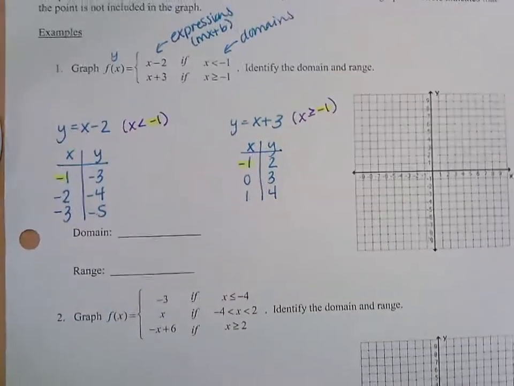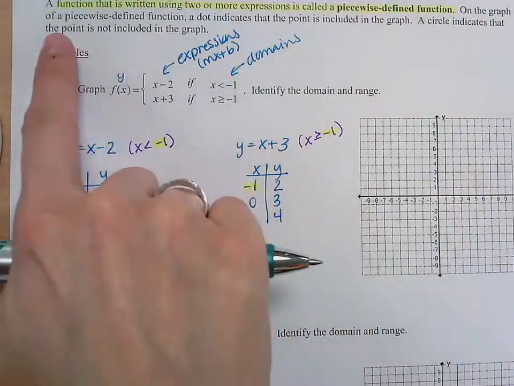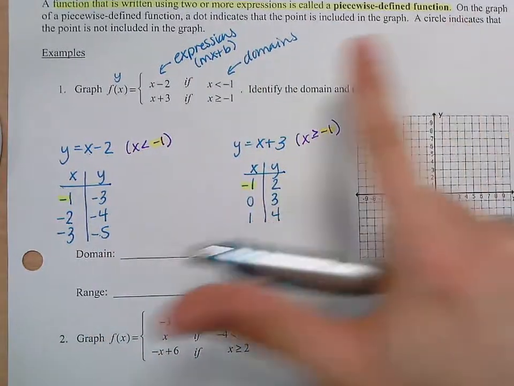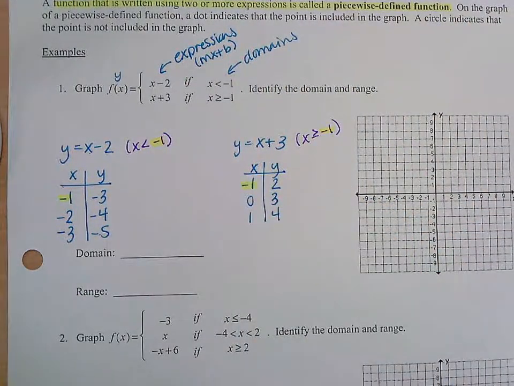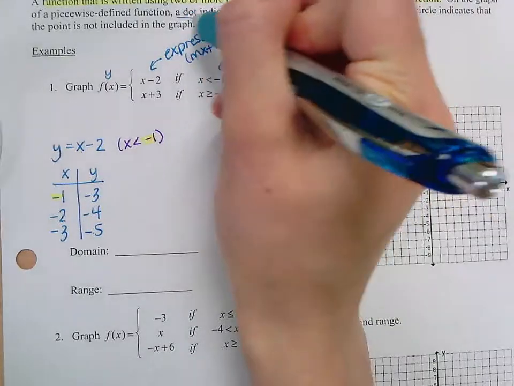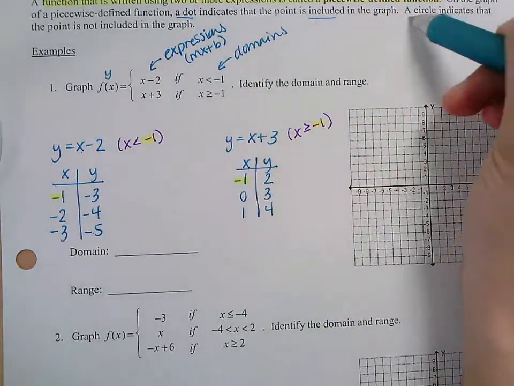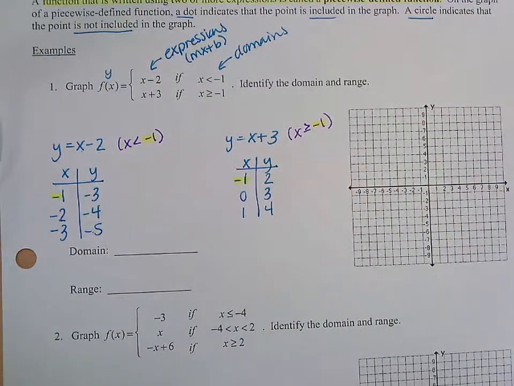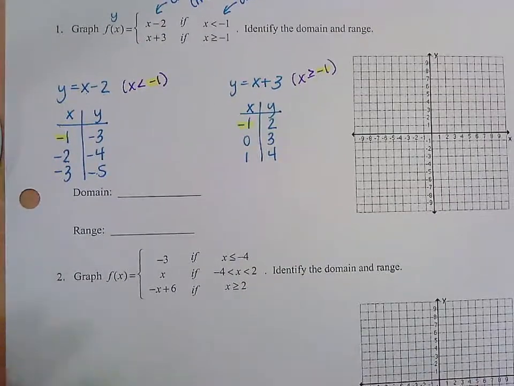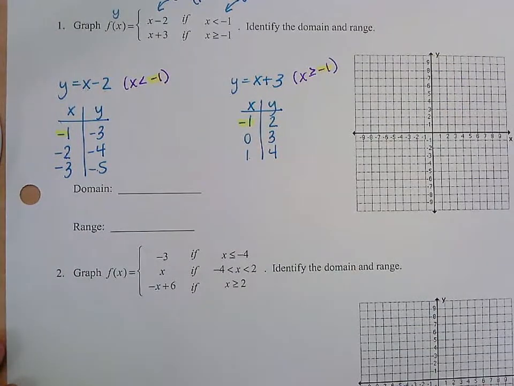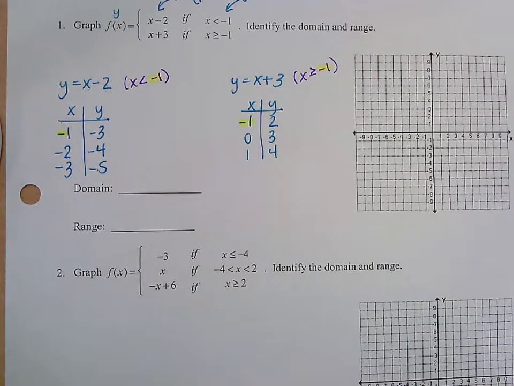And then when I graph these, this is what it was referring to up here when it said sometimes there's dots, sometimes there's circles. Just like when you're graphing an inequality on a number line, a dot indicates the point is included in the graph, and an open circle indicates the point is not included. We know that with functions, we cannot have one x value paired with multiple y values.